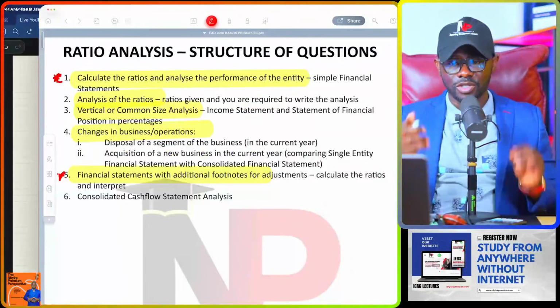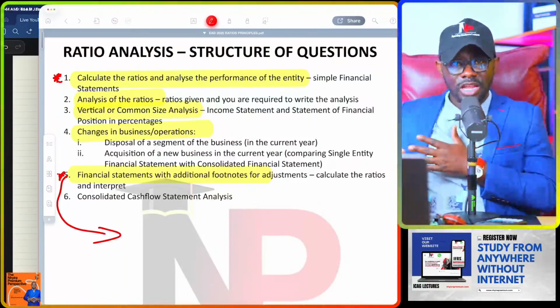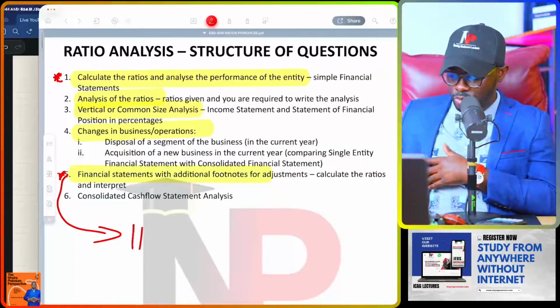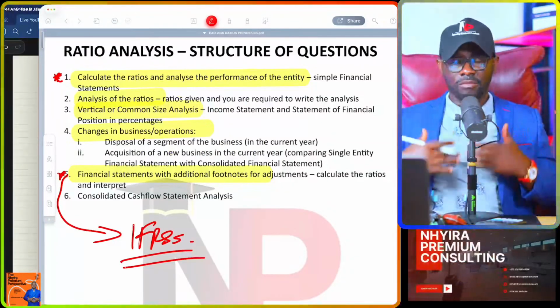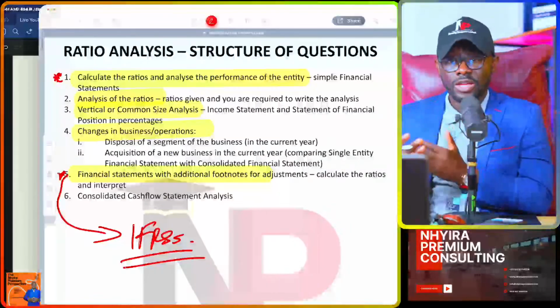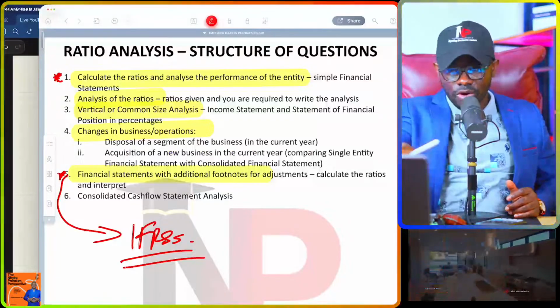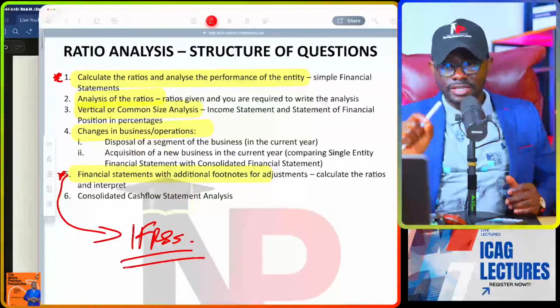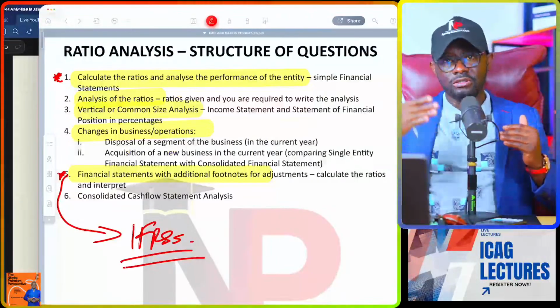Usually, in that styling of question, the adjustment that you will make to the financial statement will be dependent on your understanding of the IFRSs. It means that if you are weak on the accounting standards, you are going to have a problem in your ability to answer questions relating to where we have the financial statement and the additional footnotes.